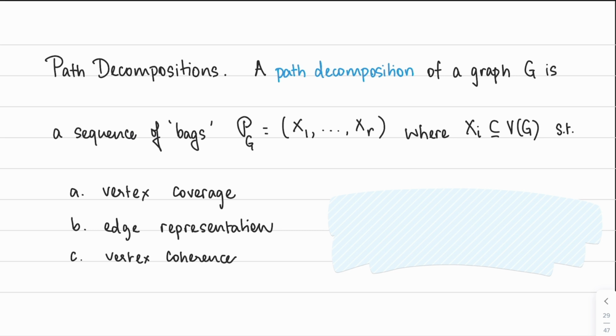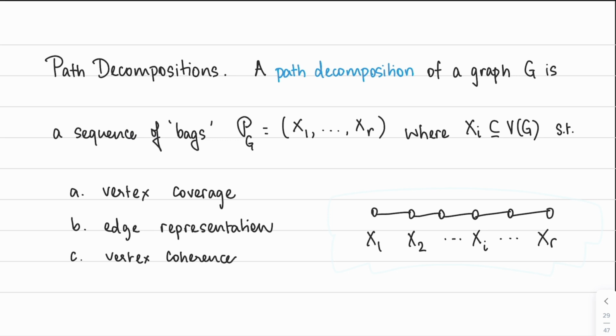Now, to go from here to tree decompositions, it'll be convenient to think of the path decomposition as an auxiliary path structure which has bags associated with each vertex of the path. This is quite natural because already what you have is a sequence of bags, so it makes sense to think of this as a path where every vertex has a subset of the vertex set of G associated with it.